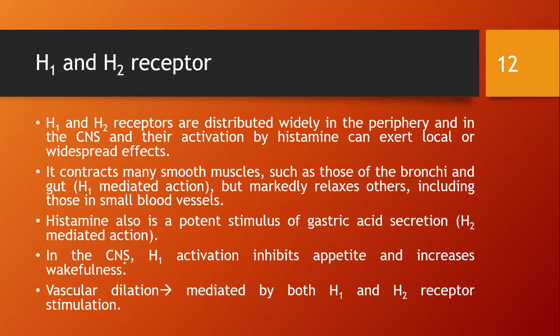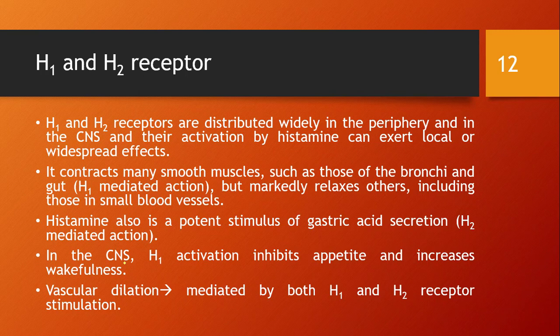Okay. So next, let's see about H1 and H2 receptors. H1 and H2 receptors are distributed widely in the periphery and in the CNS, and their activation by histamine can exert local or widespread effects. So it depends where histamine is getting released. If it is getting released locally, then we will get only localized, focused responses.